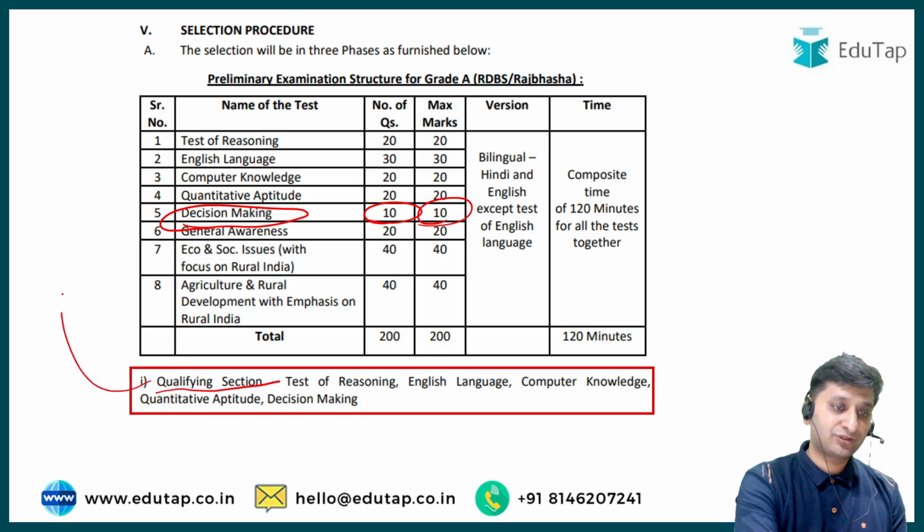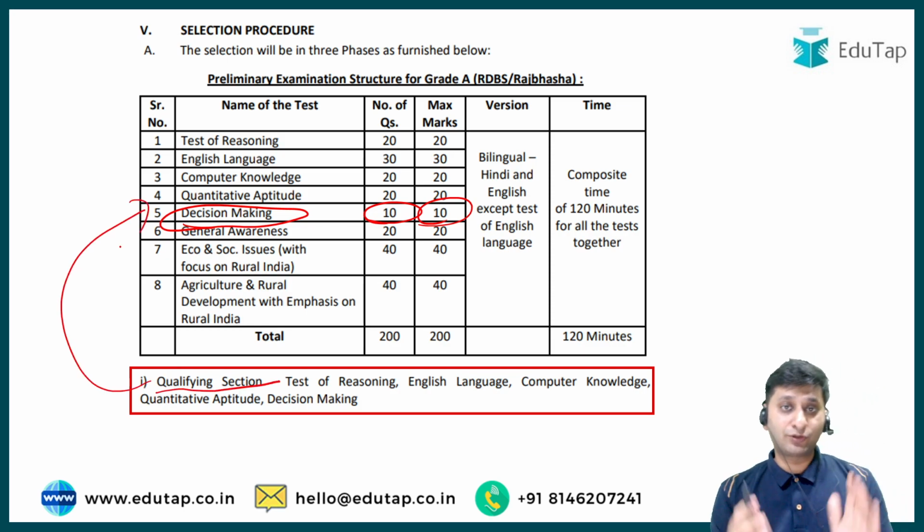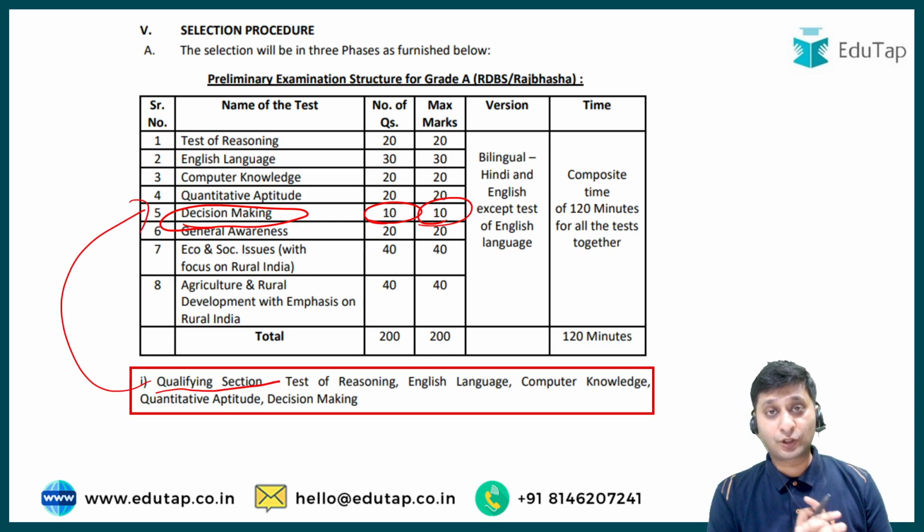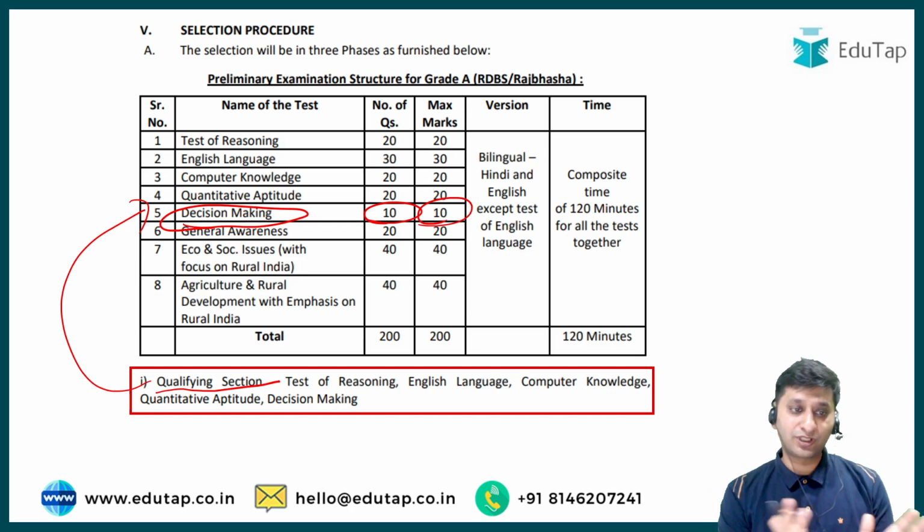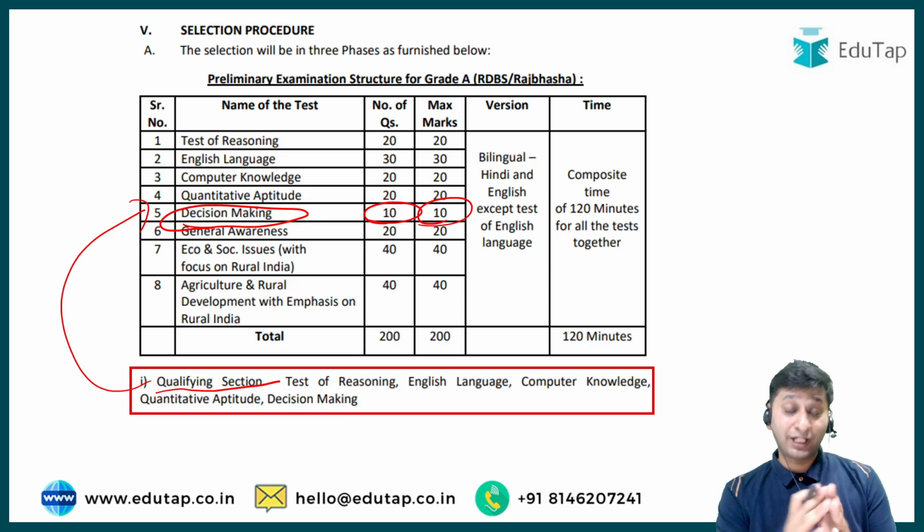This is not merit, this is qualifying, but though it is a qualifying, non-merit section, as I told you, this can still be a killer section, because if you don't study this, the questions are not bookish in this section, right? Many people don't know what to study in this section, and therefore if we do not study what is required, we might fall short of the sectional cutoff in decision making. So हमें ये पढ़ना है, that is the why part.